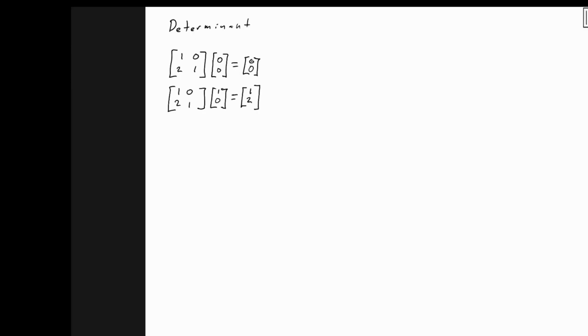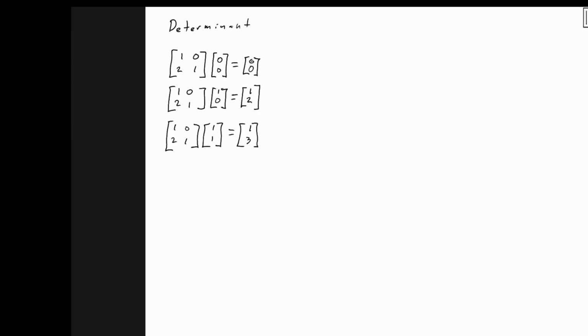Then let's look at what happens to the vector 1, 1. If I go across the row and down the column, I get 1 plus 0 is 1, and 2 plus 1 is 3.